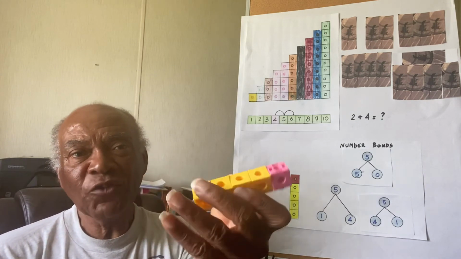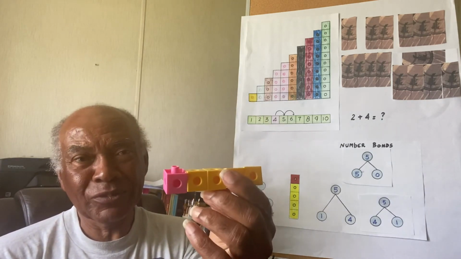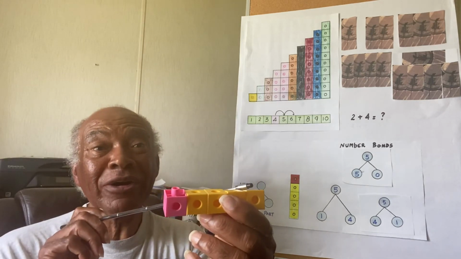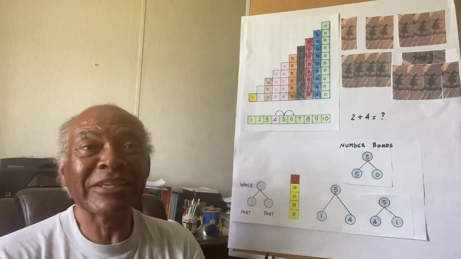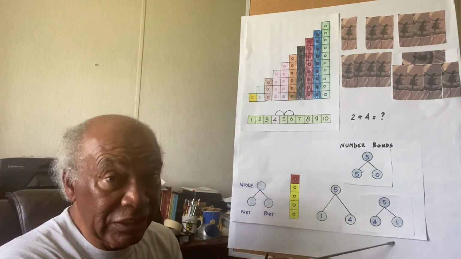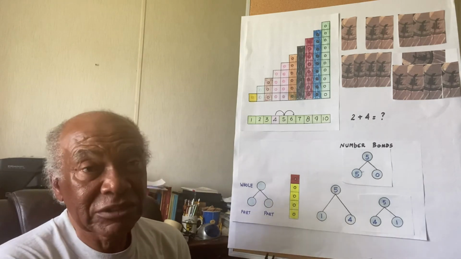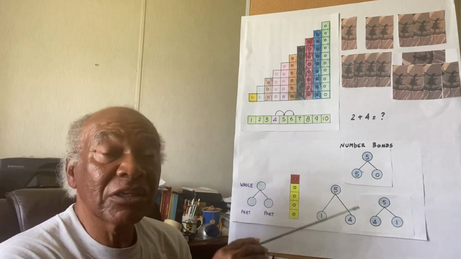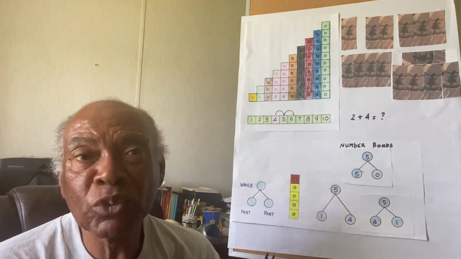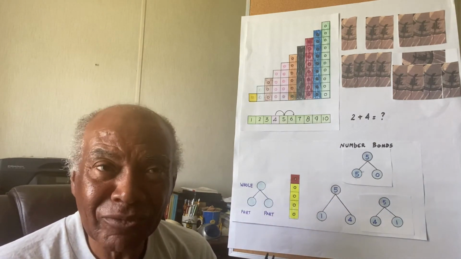We could also flip this around. So now we have 4 and 1 makes 5. 4 and 1 are equal. So we could count 1 and 4 makes 5, or 4 and 1 makes 5.